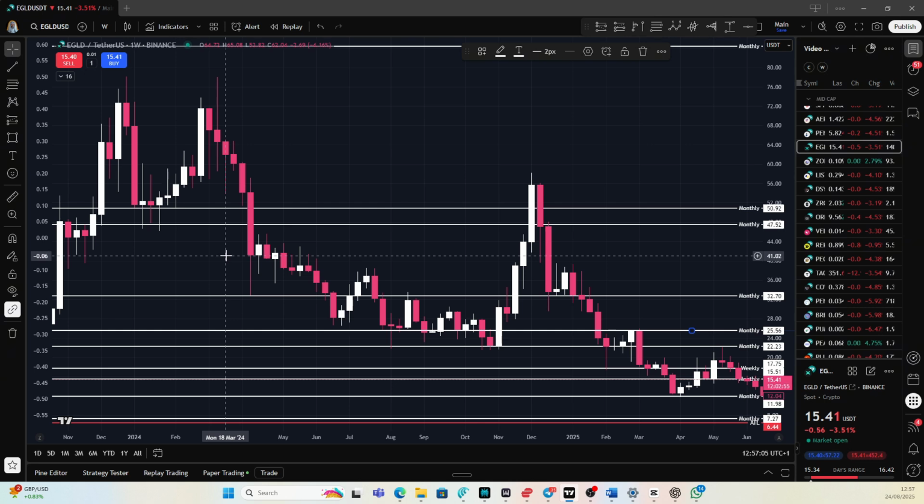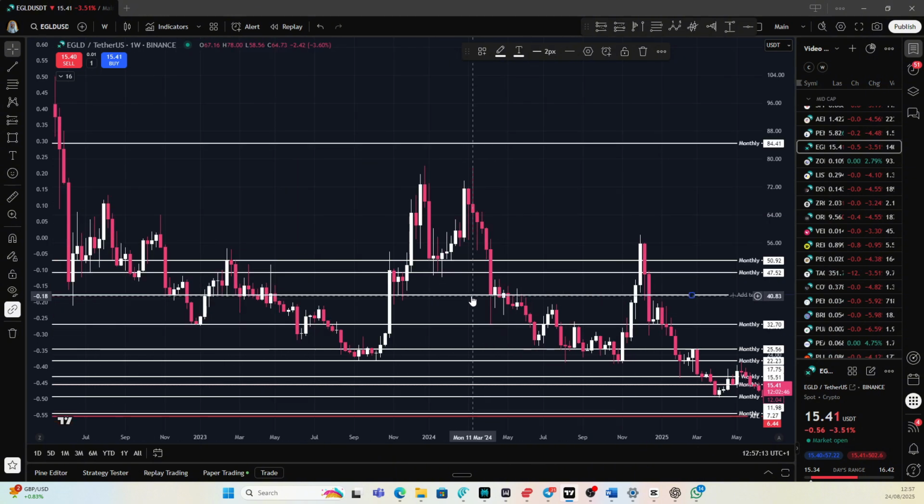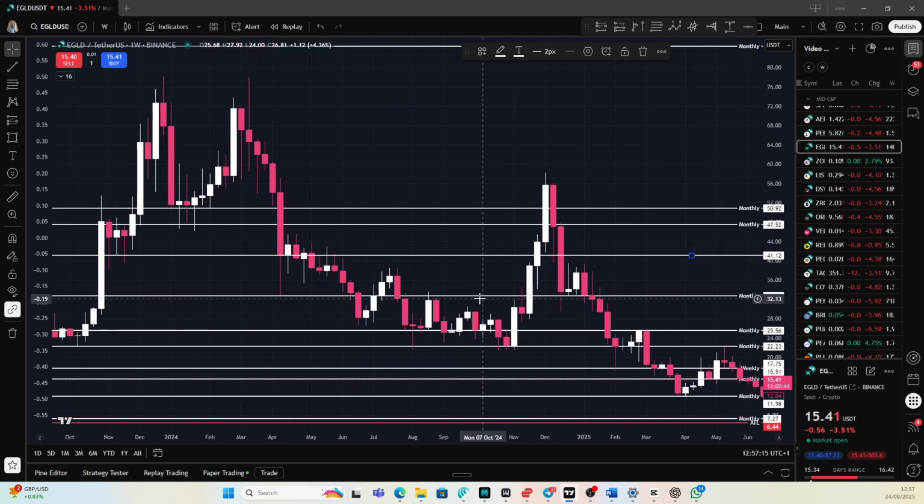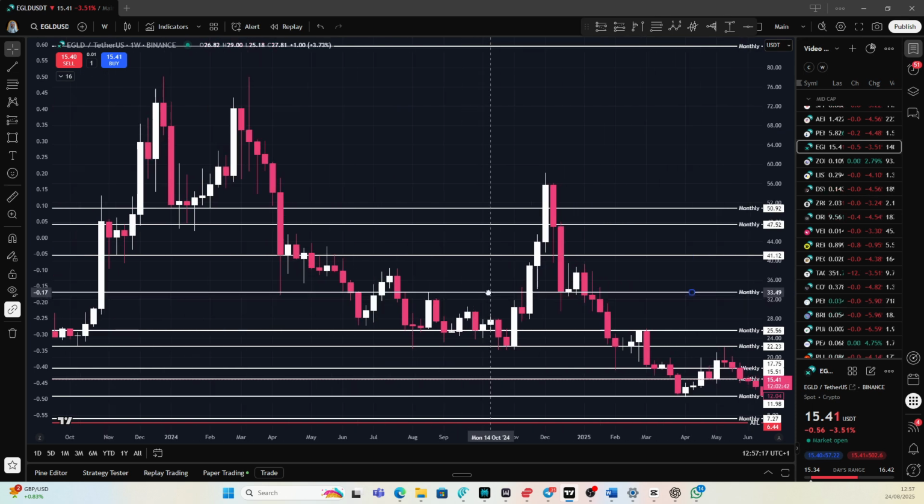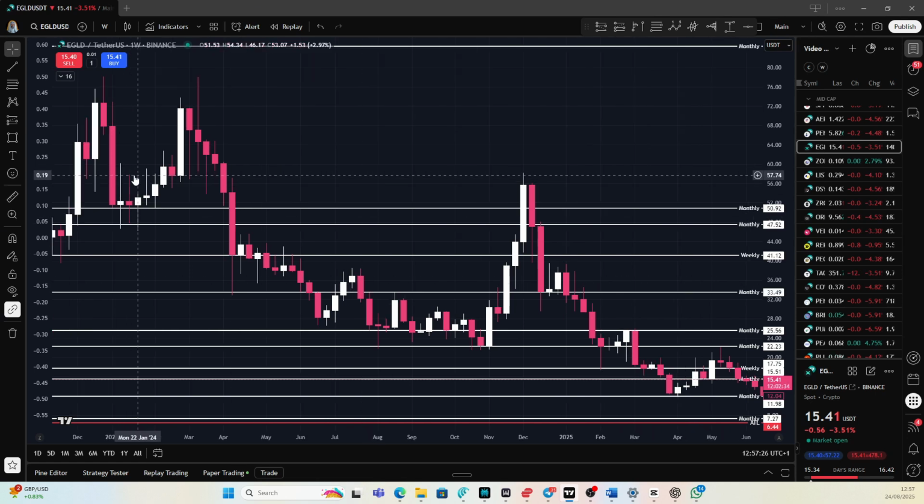This one we can move up slightly to capture that. What else do we have? There's an interesting level there that I'll put in. And we've got this one which I will move up slightly to there. On a weekly level up here at 57.